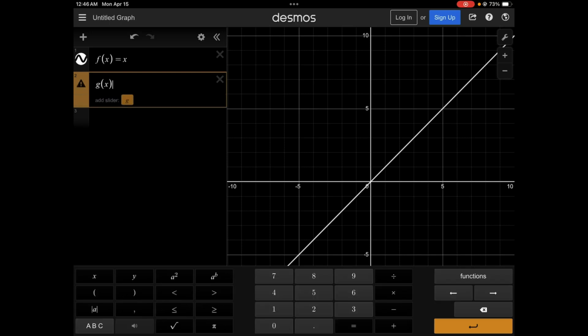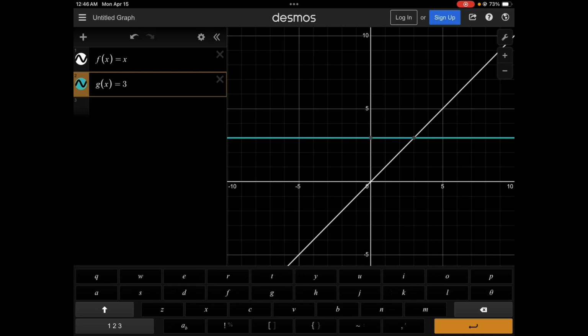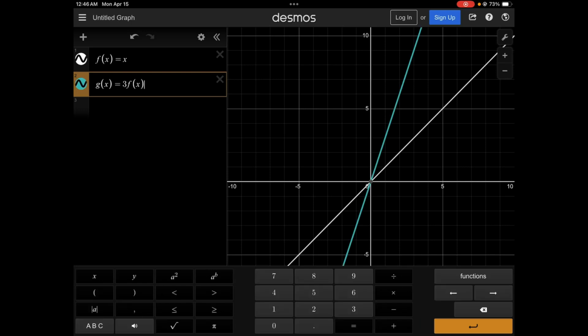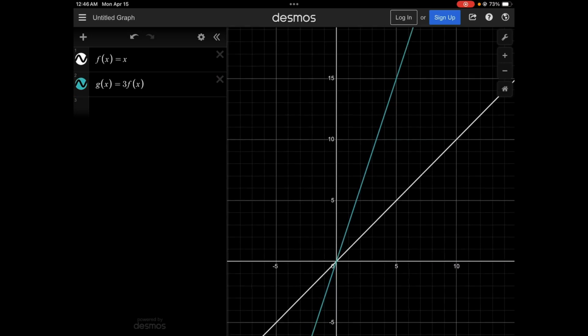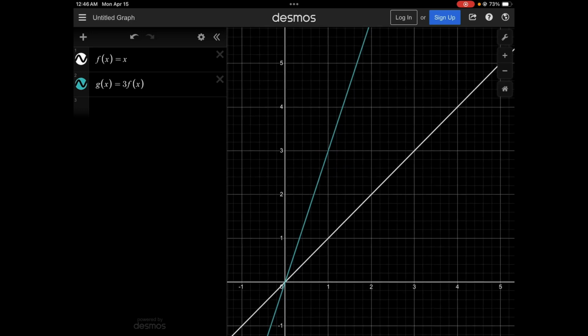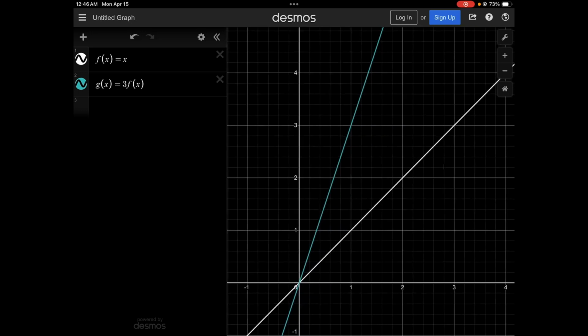G of x equals 3 times f of x, and it's going to give me the blue line that indeed looks steeper. And how much steeper? Where you see this point here, that's at 1. Now it has gone to 3.